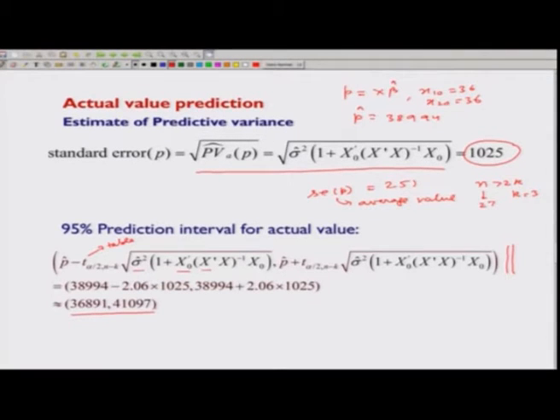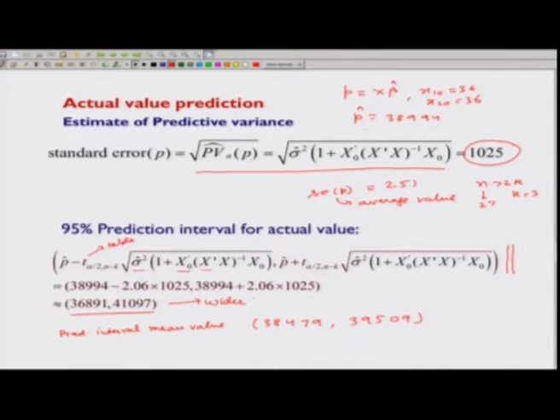Okay. The point which we have to observe here is that the prediction interval that we had obtained for the mean value prediction earlier was 38479 to 39509. You can see here that this prediction interval is wider.